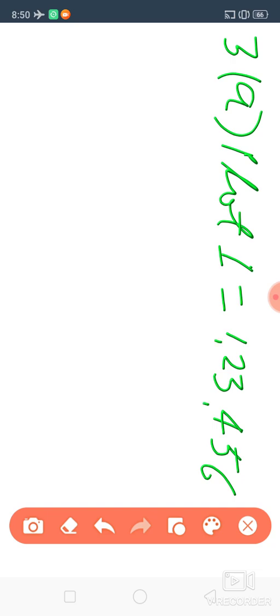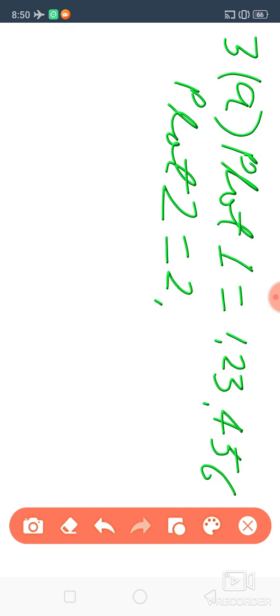Now plot 2, the second plot, for how much money is she spending? 2 lakh, then 1,000 and 678 rupees.